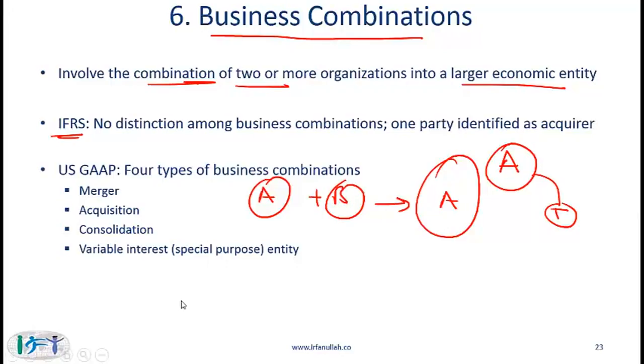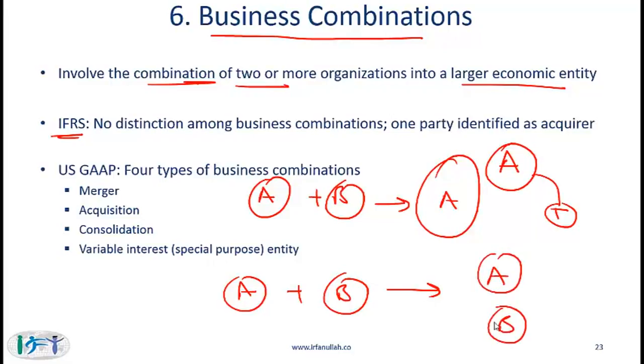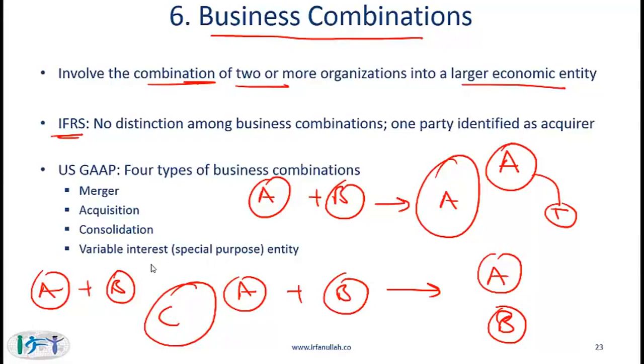With an acquisition, we have company A acquiring company B, and then we still have A and B operating as economic units, but A is considered the acquirer and A will report consolidated financial statements which include the results of company B. In a consolidation, we have company A combining with company B to create a new company called C. And finally, variable interest entity.